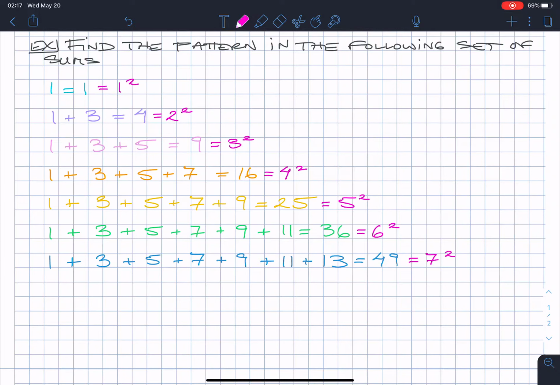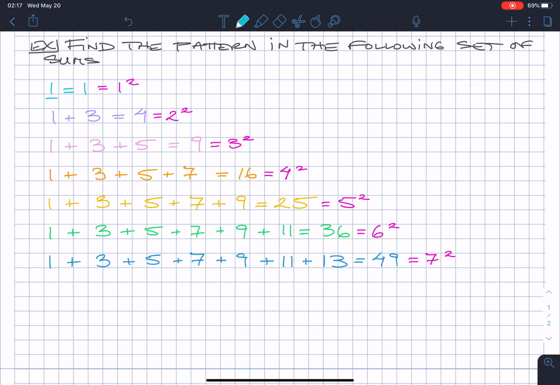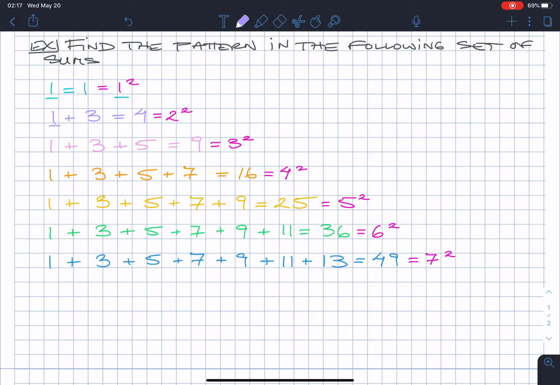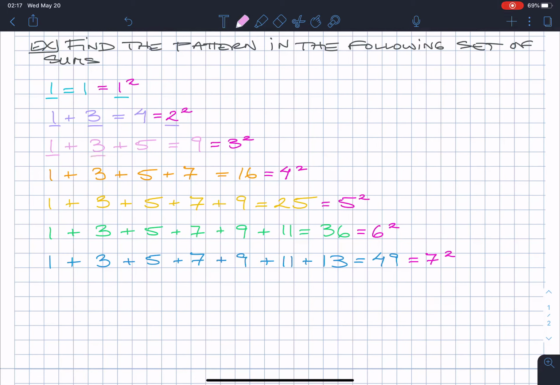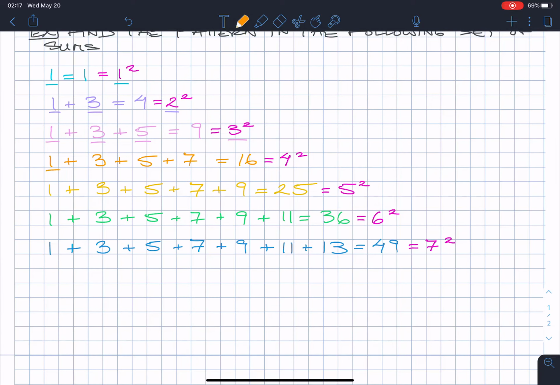But notice how many terms are in each. There's one term here, and the number is 1. There are two terms here, 1 and 3, and the number is 2 squared. There are three terms here, 1, 3, and 5. The number is 3 squared. There are 4 terms in this next sum, and the number is 4 squared.